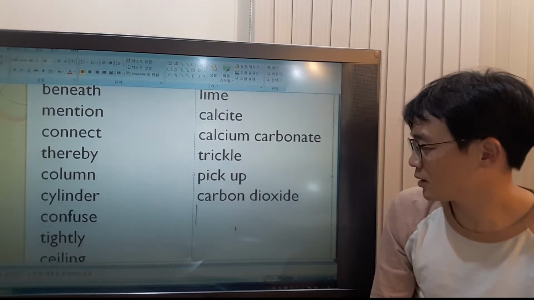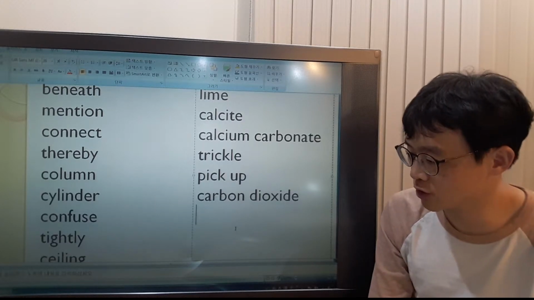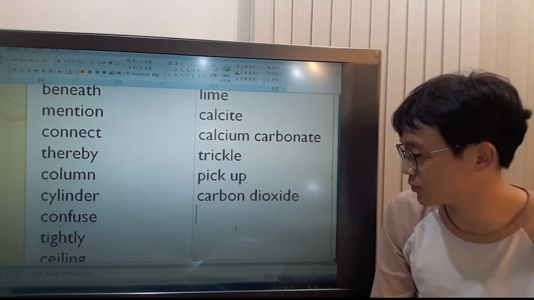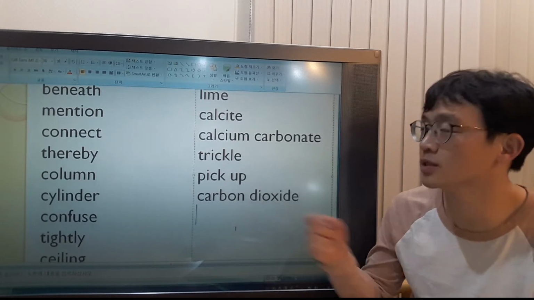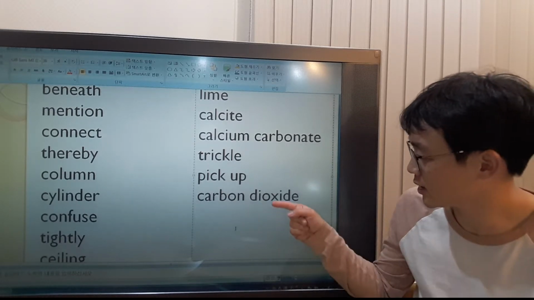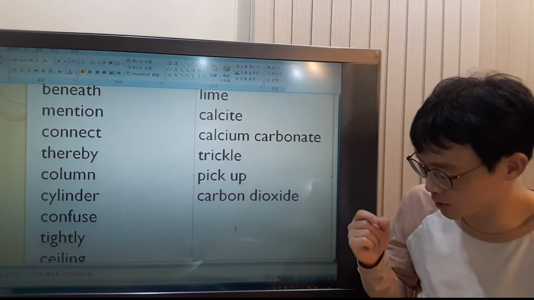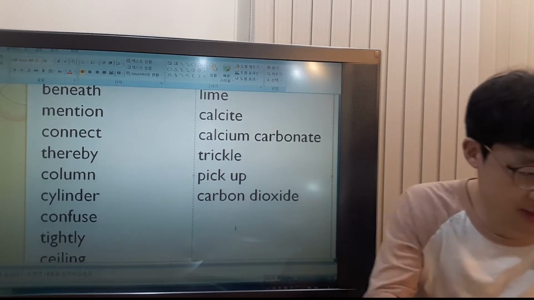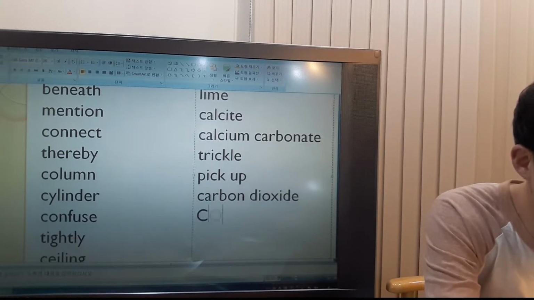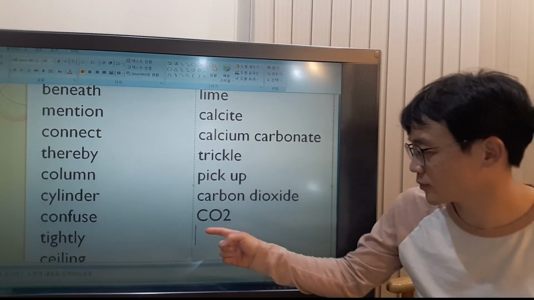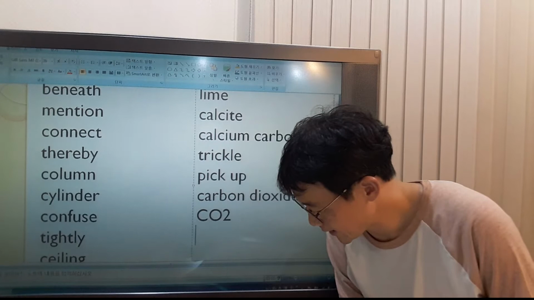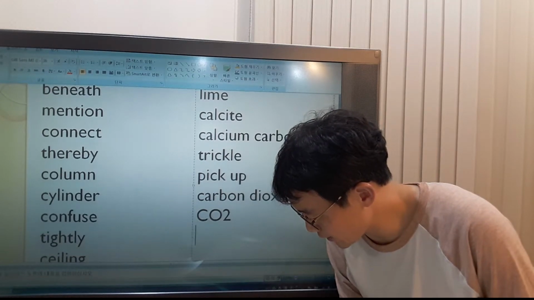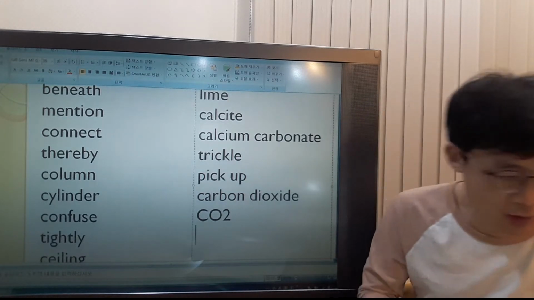Dioxide means two oxygen atoms. Di means what? Two, okay? And dioxide is oxygen atoms. Carbon dioxide is this, CO2, okay? It picks up carbon dioxide and various minerals from the limestone.